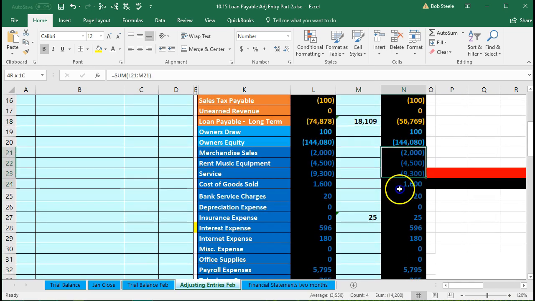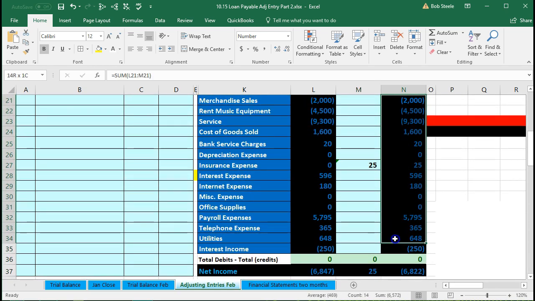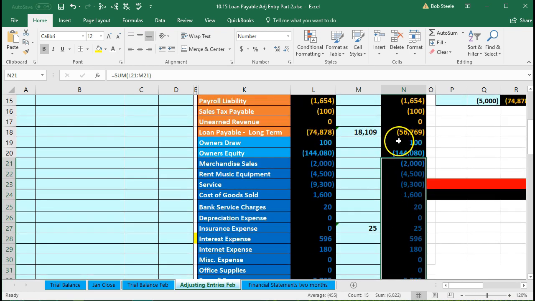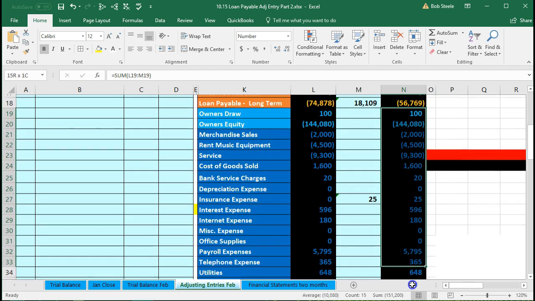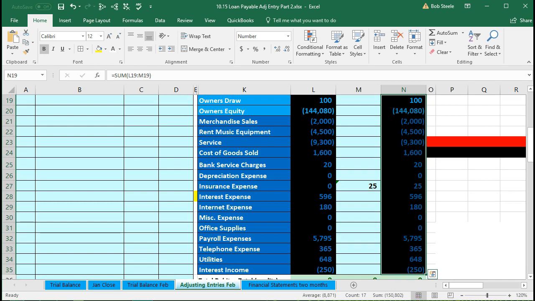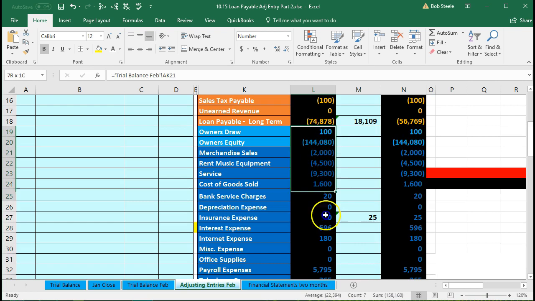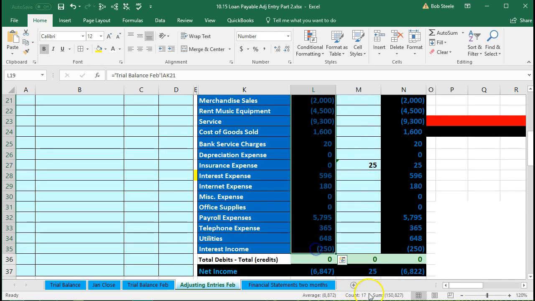Remember that net income is everything from here down to here. Total equity, if we just highlight the draws all the way down, that's going to be total equity. It ends at 50,802. It started at 50,827.